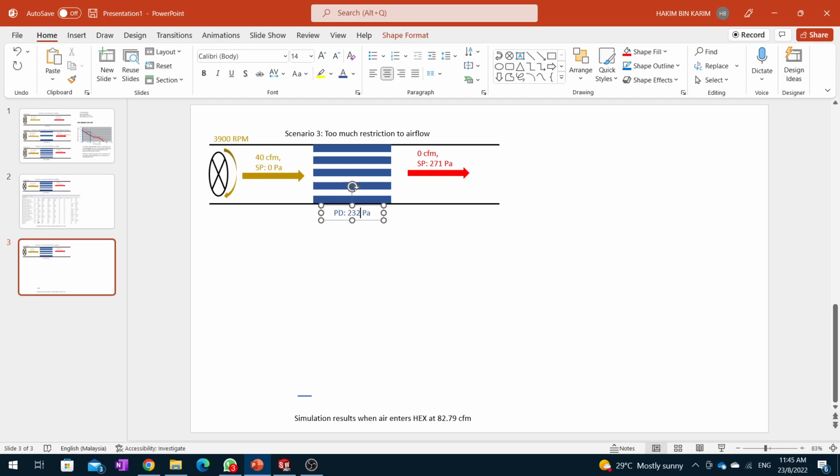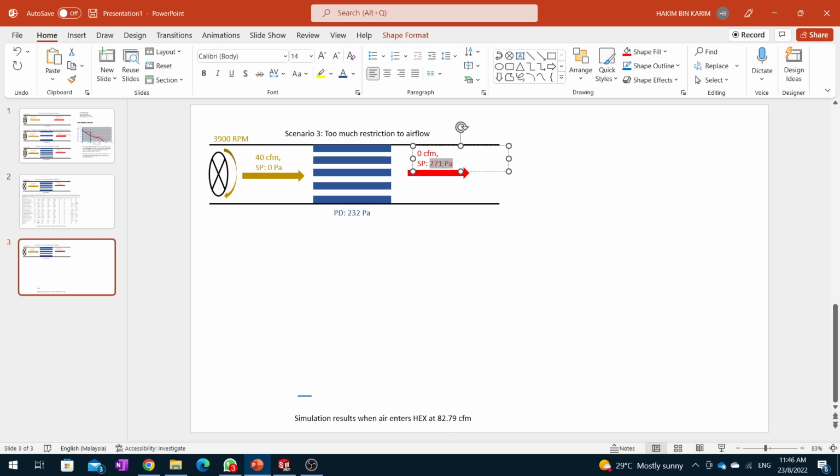However, remember that because the fan is not operating at full power, instead of rotating at 8000 rpm, it's only rotating at 3900 rpm. So we cannot expect the fan to produce the same maximum static pressure as at 8000 rpm, which is 271 Pascal.